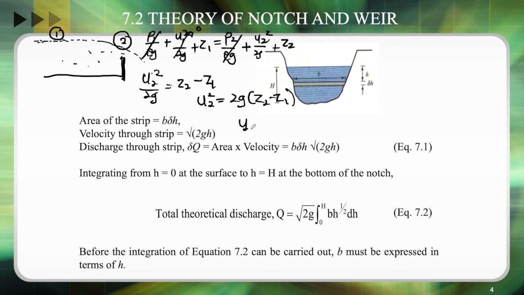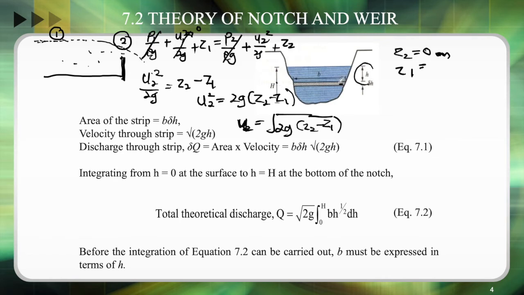So U2 is equal to the square root of 2g times Z2 minus Z1. Now we take a look at Z2 and Z1. If we take Z2 as our datum, then Z2 is 0 meters. And what about Z1? As we can see here, Z1 is H, the height.